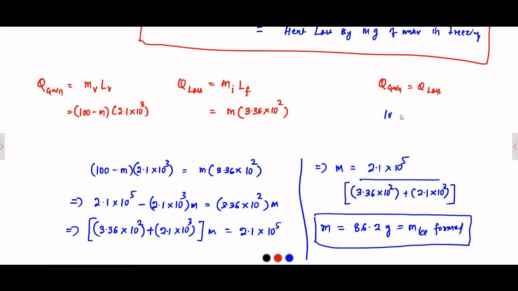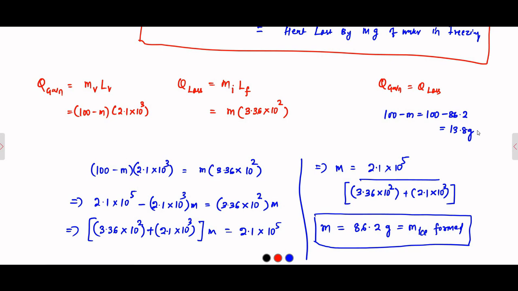So the mass of water which vaporized, which is 100 minus m, is equal to 100 minus 86.2, which is equal to how much? 13.8 grams. Okay, 13.8 grams turned into water vapor.